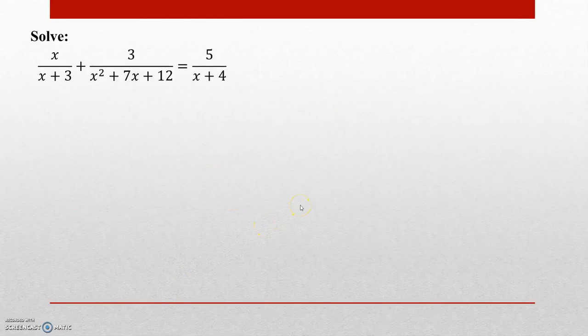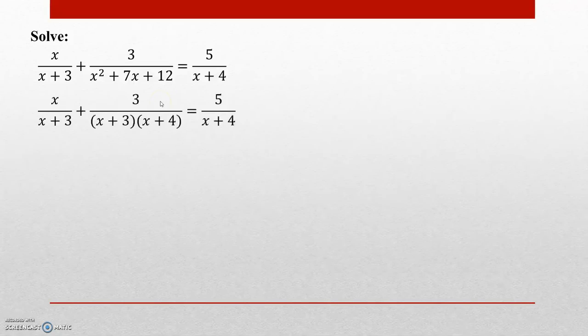Okay? Next, isa pa. Let's say x over x plus 3 plus 3 over x squared plus 7x plus 12 equals 5 over x plus 4. Okay, let's see. Pwedeng i-factor out mo na to para kita kung ano yung mga pare-parehas.